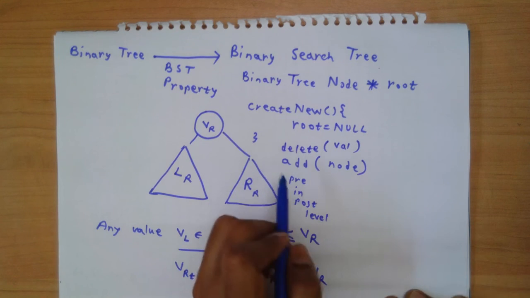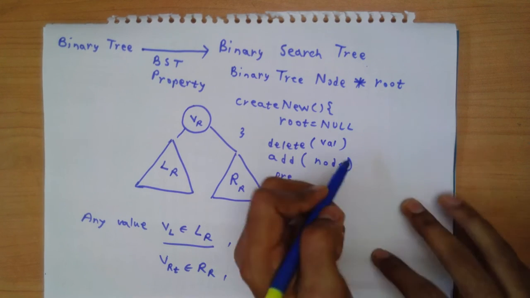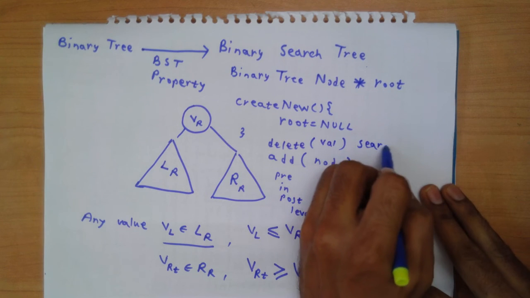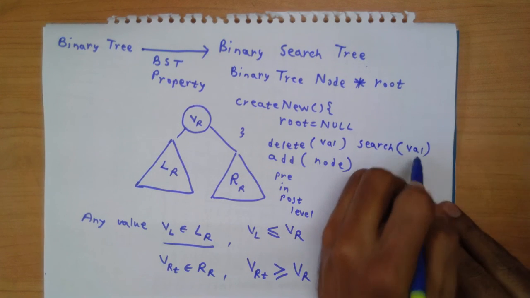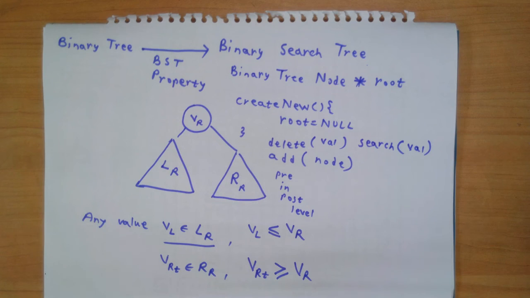And if you have deletion, you also need search. So we'll also have a search operation on our binary search tree, which takes as input a particular value, and we'll search for that value in our tree. The promise we make is that we'll find you some node. If there are multiple copies, we'll find you some node that has that particular value and return it. Then we'll see the space and time requirements of each of these operations, and find out the limitations of binary search tree.